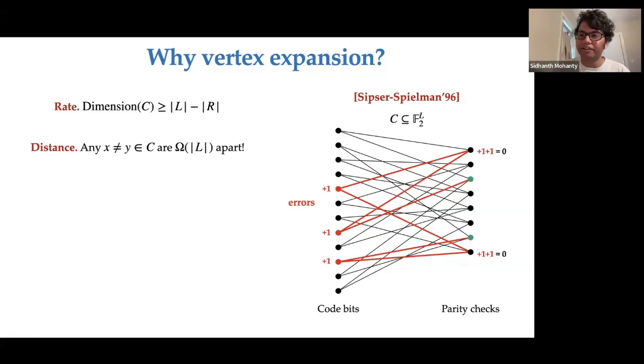And indeed, as you can see on the right, if you take any member of the subspace and you add a few errors, then these are going to reflect in some violated parity checks on the right. And in particular, these are going to show up in the so-called unique neighbors of the set, namely vertices that have only one neighbor back in the set of errors. And actually, lossless expansion implies that you have a lot of unique neighbors.